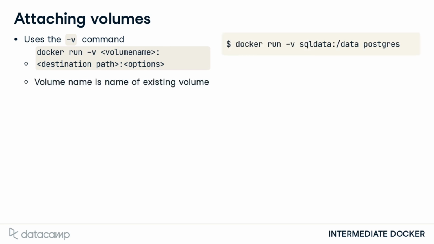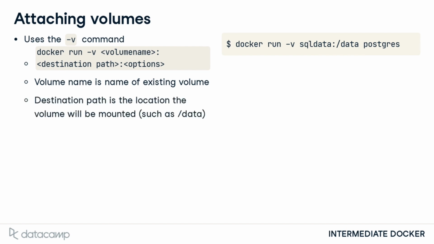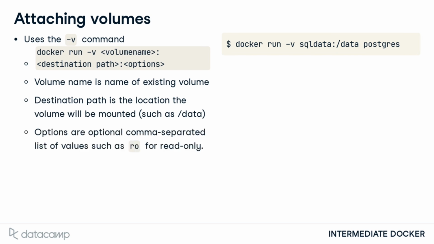The volume name is the name of an existing Docker volume. The destination path is the location in the container where the volume is mounted. Options represent an optional comma-separated list of values to pass to the volume configuration. This can be something like the ro option for read-only. Note, there is also a --mount flag with different options. We won't cover it in this course.